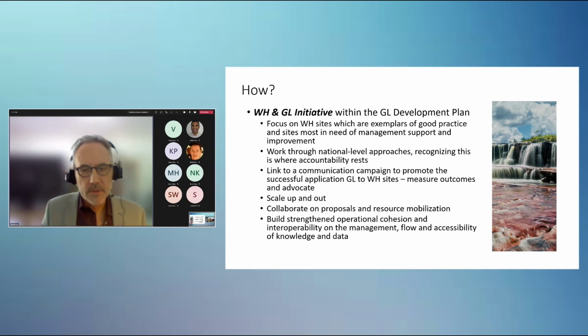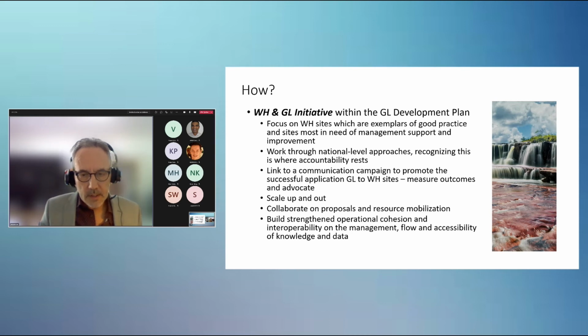The way which we want to do this is to really unpack this idea of a World Heritage and Green List initiative within the development plan. We'd look to focus on a set of World Heritage sites which are both exemplars of good management practice, as well as the sites that are most in need of management support and improvement.